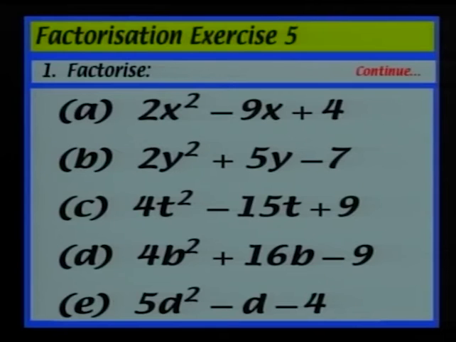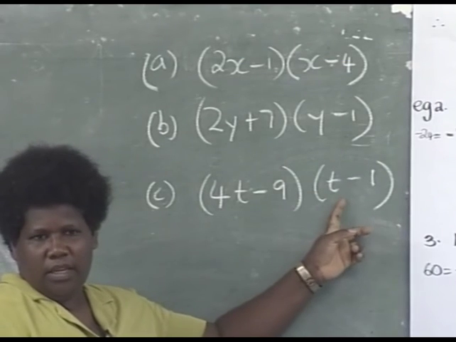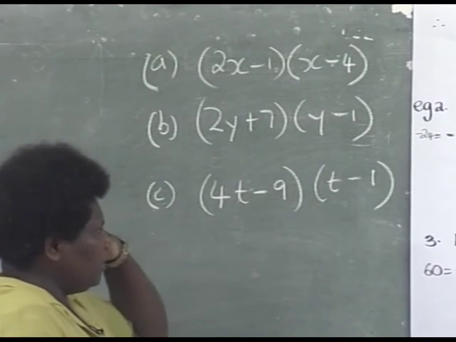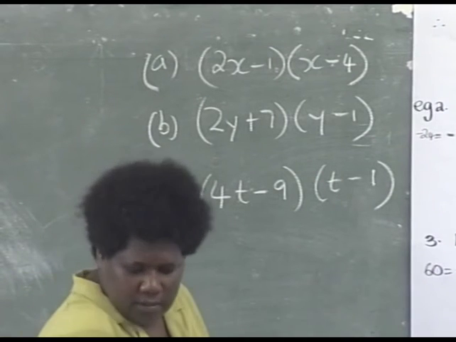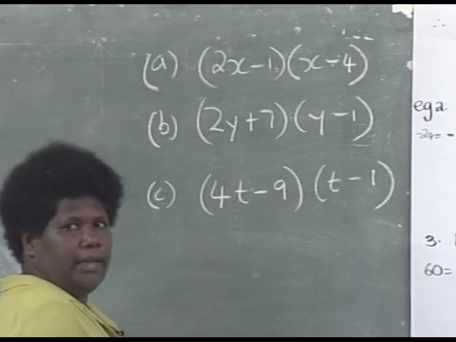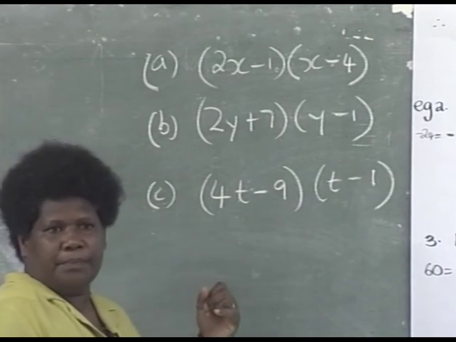4t, that's minus 4t, and then minus 9t will give negative 13t, not negative 15t. Something is wrong. Anyone else with a different answer for that?